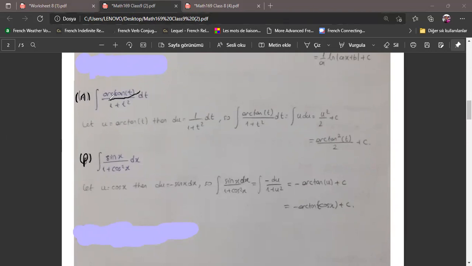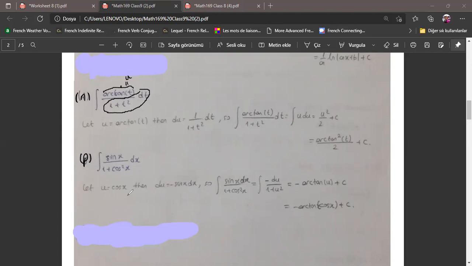We have dt over 1 plus t squared, it's du, right? And this is equal to u, so we have u du, and its integral is u squared over 2 plus some constant, and now back substitution gives that.